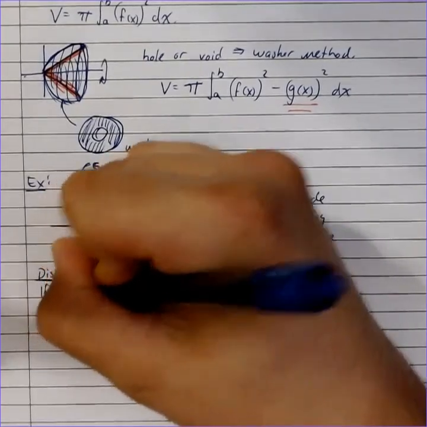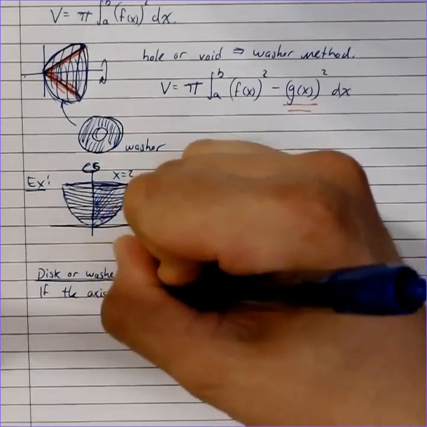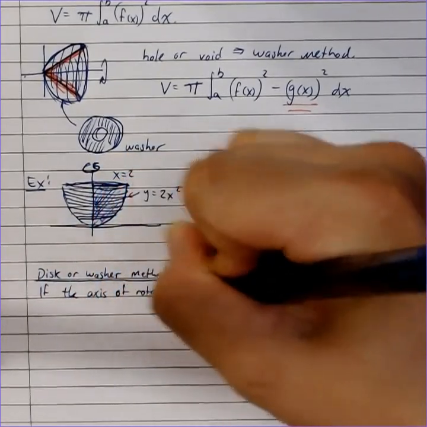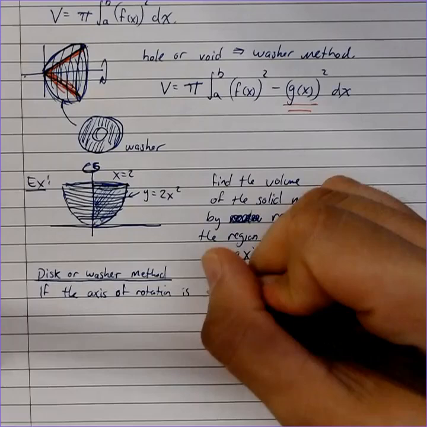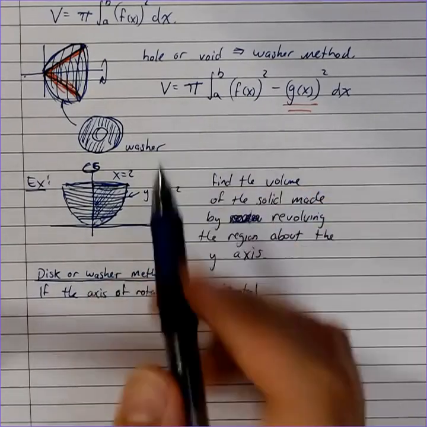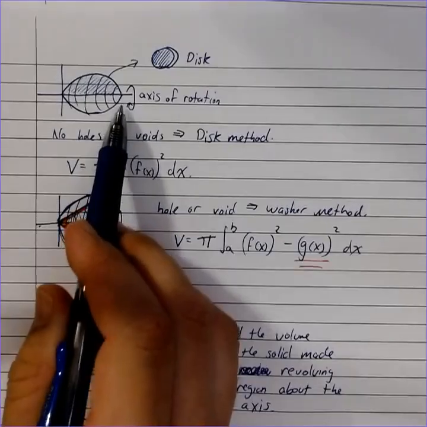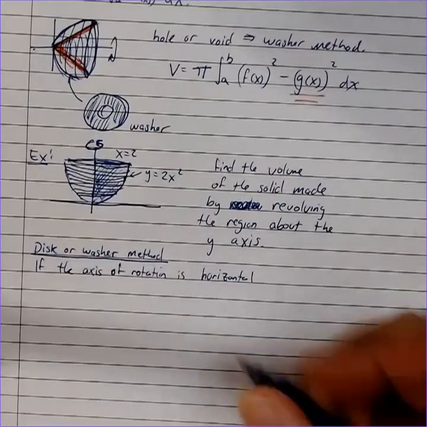if the axis of rotation is horizontal, which means it could be the x-axis or it could be some other line, as long as it's horizontal.